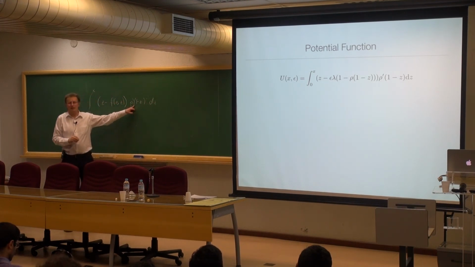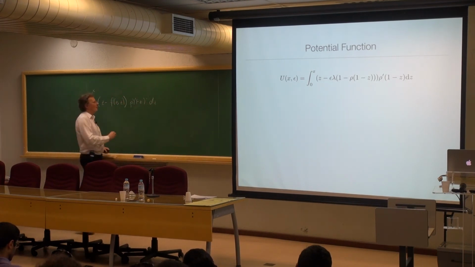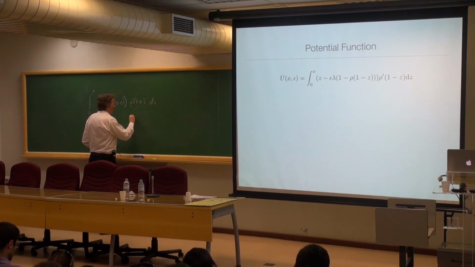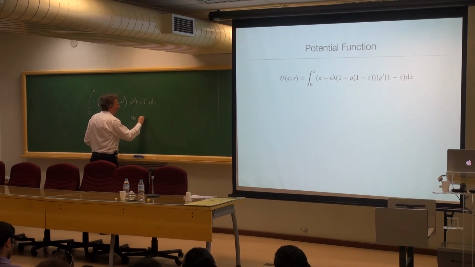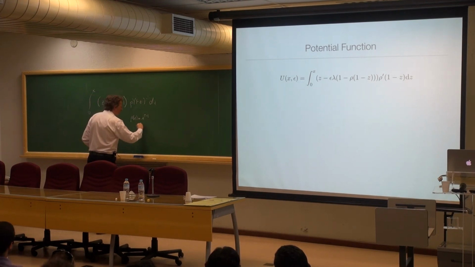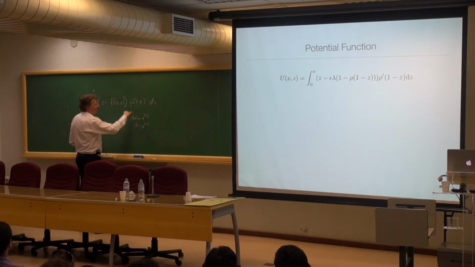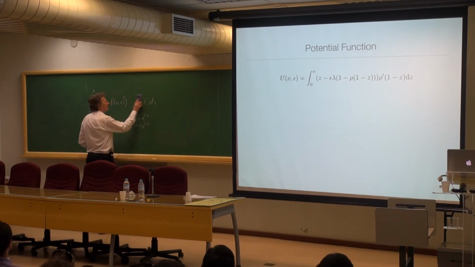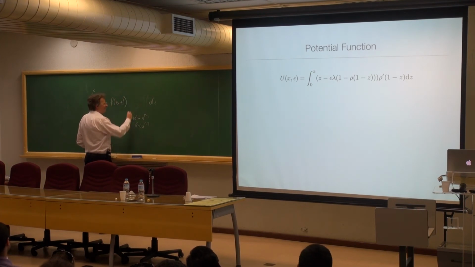The rho prime of 1 minus z. The rho prime is just the degree distribution. For our case, rho of x would just be x to the r minus 1. So for us, rho prime simply is r minus 1 times x to the r minus 2. And then since I have 1 minus z, all this is just something explicit that depends on the degree distribution.